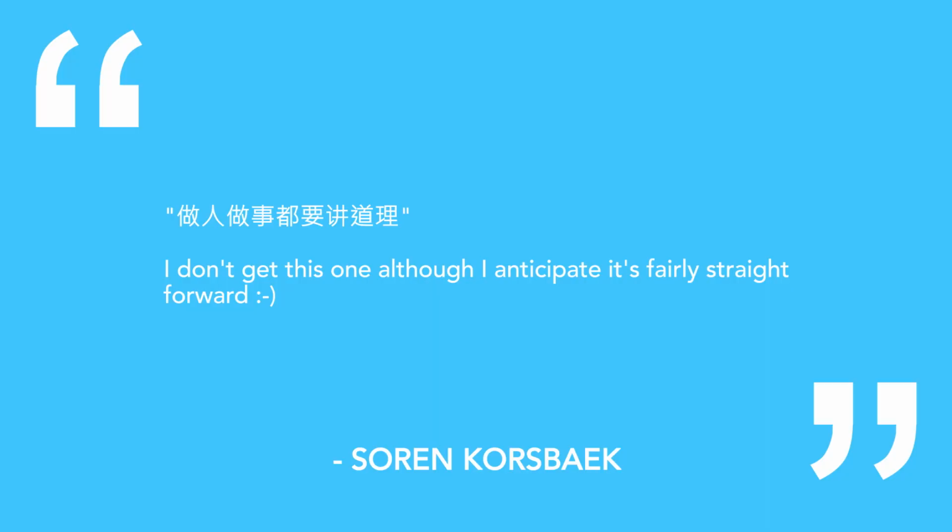So 做人做事 basically means to be a person who conducts themselves and handles their affairs, and it's kind of implied, well. 都要, they're going to have to 讲道理. So 讲道理 just means be reasonable. So if you want to be a good person who handles their affairs well, you're going to have to be reasonable. That's what this sentence means.